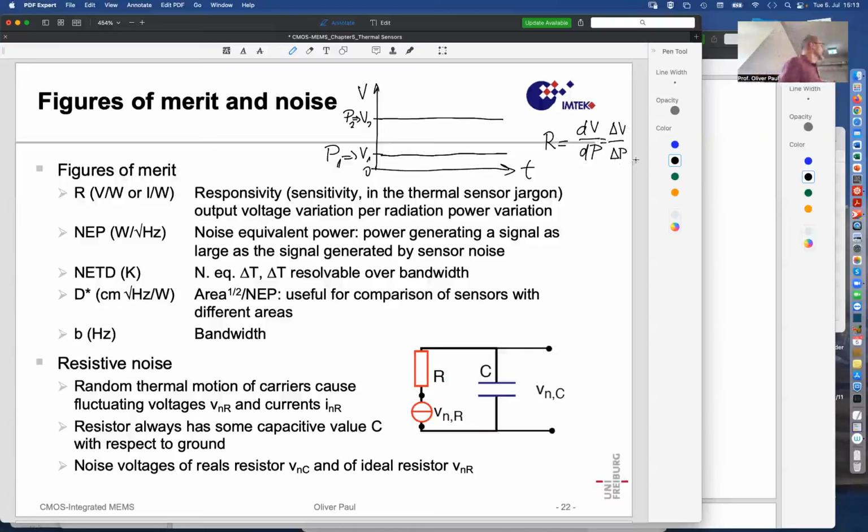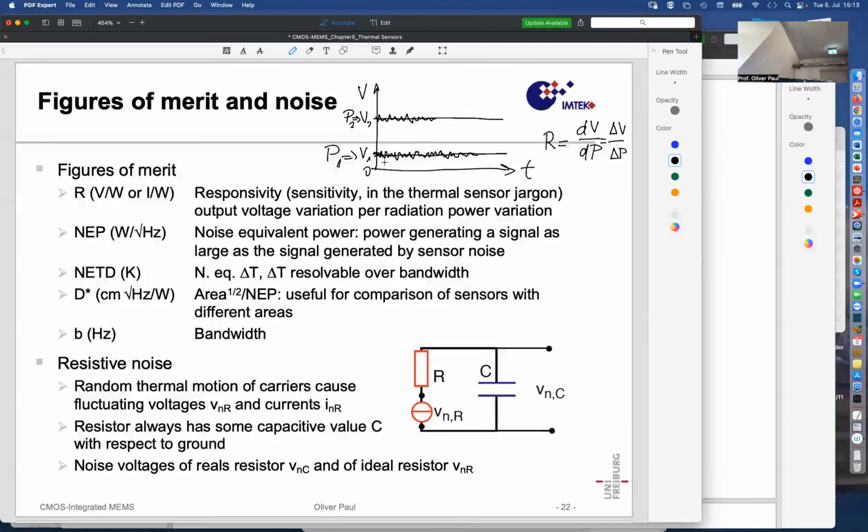Now, I have drawn straight lines, or at least I tried to. In reality, the output signal will look like this. It's going to be a noisy voltage. And the same, this will also be a noisy voltage. And then there is a minimum amount of P change that I can still detect. So I see the voltage, and I can know, did it change or did it not?